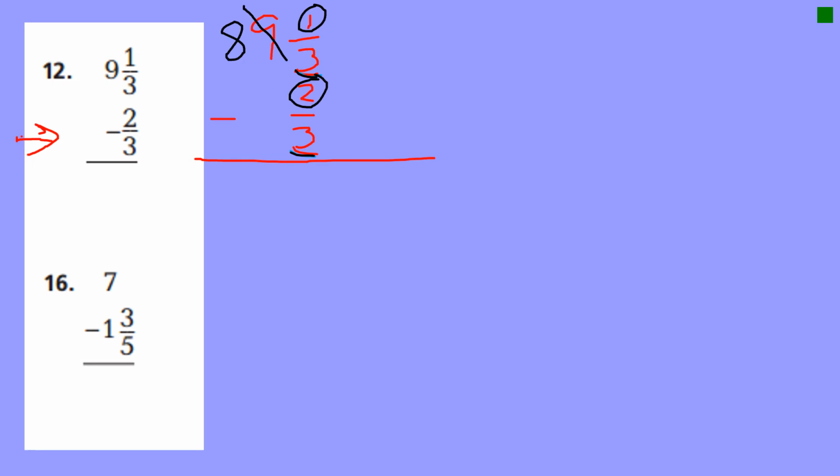Now, how are we going to show that whole thing over here? Well, we're going to, of course, work with thirds. So if I have 3 out of 3, I have one whole thing. I already had 1 piece. Now I have 3 more pieces. 4 thirds.